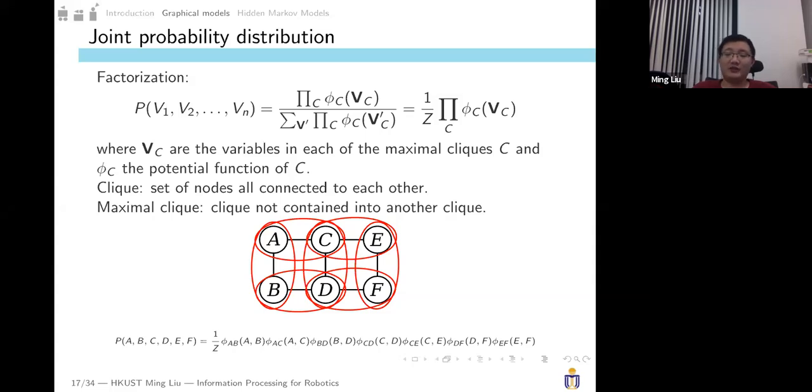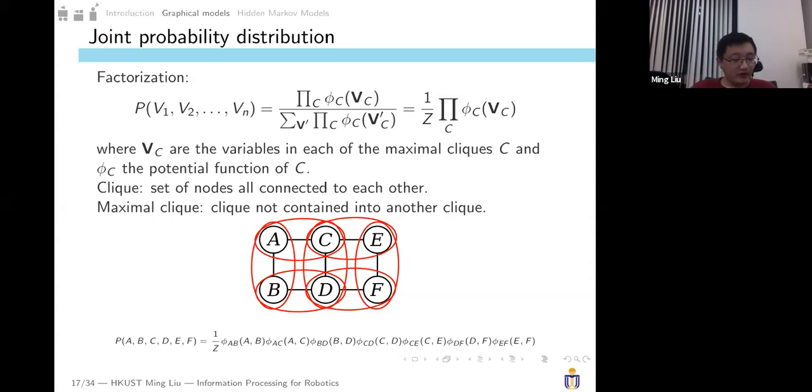We want to make sure that the similarity between the labels can serve as a prior. Then we want to find the joint distribution of all these labels so that you get the foreground and background separately. So how can we find the joint distribution? You need to define the potential function over these cliques, and then you use the product of all potential functions to serve as the joint distribution.